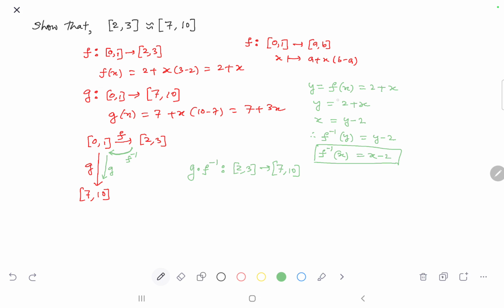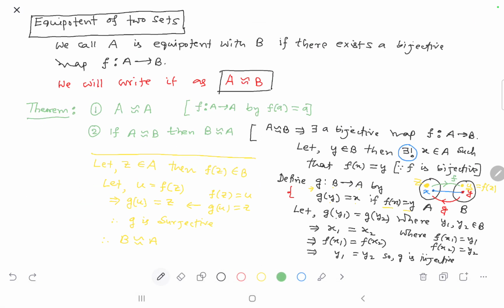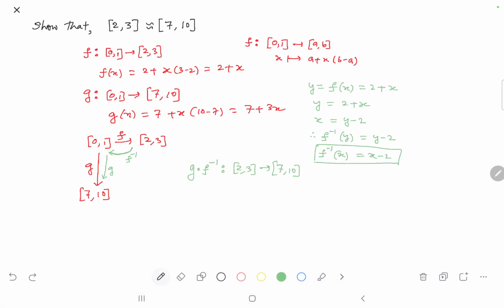If you have a bijective map, the inverse of a bijective map is also a bijective map, as we proved earlier. So F inverse is a bijective map, and G is also bijective, so the composition is a bijective map.